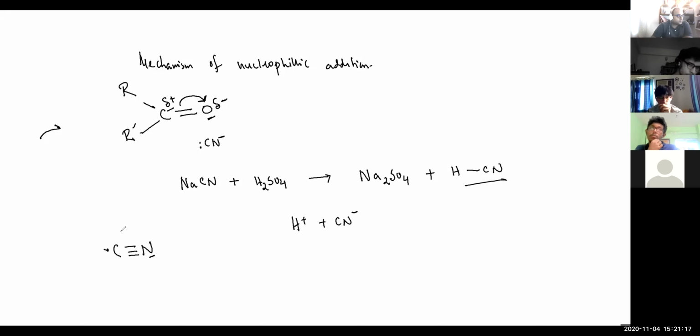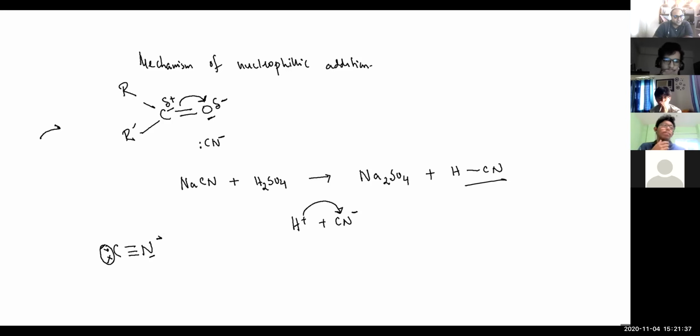And in this hydrogen cyanide, hydrogen has lost 1 electron to this cyanide. So what happened? There is another electron extra. So now they have a pair of electrons, right? So if you have a negative charge and an extra pair of electrons, what do you call them? Anion.